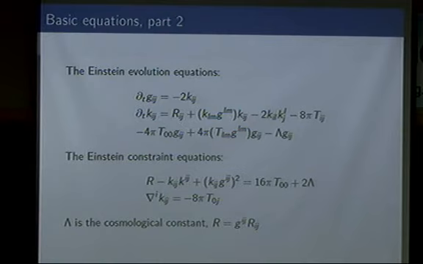These objects with T's are components of the energy momentum tensor, which also occurred in the last talk. One other element which wasn't in the last talk is this Lambda, a constant, the so-called cosmological constant. As we will see, the sign of the cosmological constant makes a big difference to the dynamics. Those are the Einstein evolution equations in this situation, and as you see, these are ordinary differential equations. We only have time derivatives, nothing else.